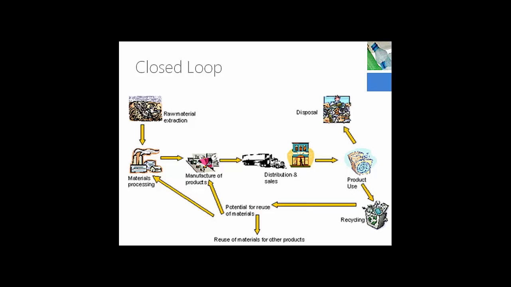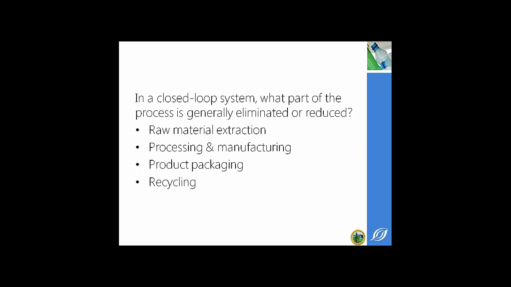You can reuse them as they are, basically thrift shops, like we're talking about, reuse as is, or we can put them back into the process, either in the material processing or the manufacturing side, to make new products. So that's what's called closed loop. It's a circular system where it continues to go around and around and around, and we don't have that end of life that we see on a linear system.